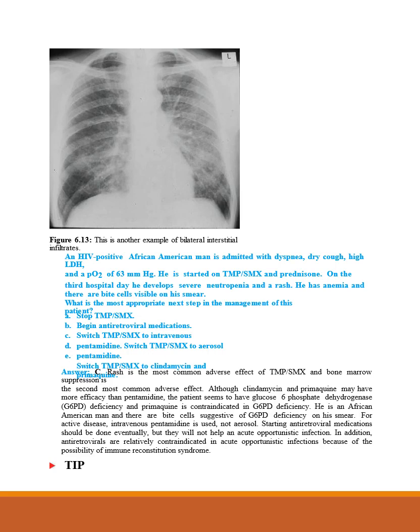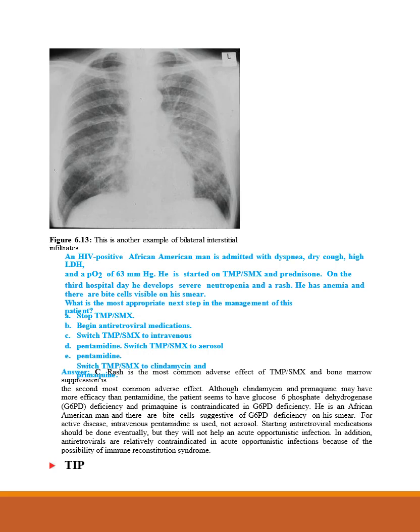Here we have a clinical vignette which discusses an HIV positive African American man admitted with dyspnea, dry cough, high LDH, and PO2 of 63. He was started on trimethoprim-sulfamethoxazole and prednisone.